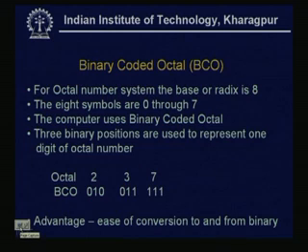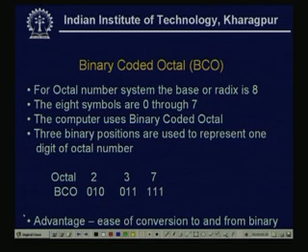For the octal number system, already we have seen that the base or radix is 8, and the 8 symbols are 0 through 7, means 0, 1, 2, 3, 4, 5, 6, 7. These 8 values are mainly used.